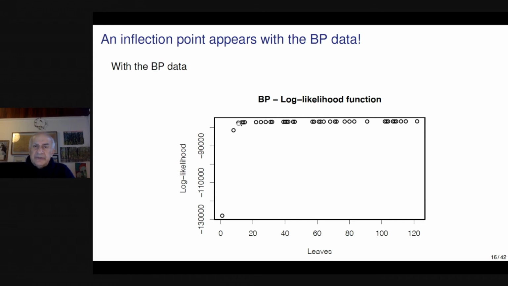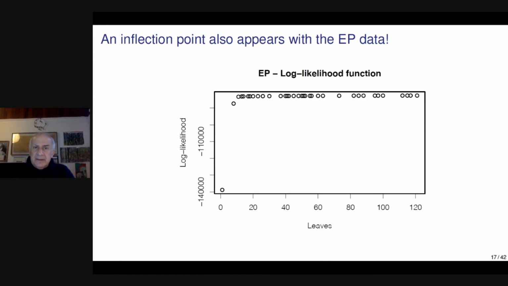Then we decided to do the same for EP data. The result is the same. So at that point, we said, wow, how come? And then an idea appears naturally. I let you think about the idea which occurred to us when you saw these two pictures. That's the epiphany.